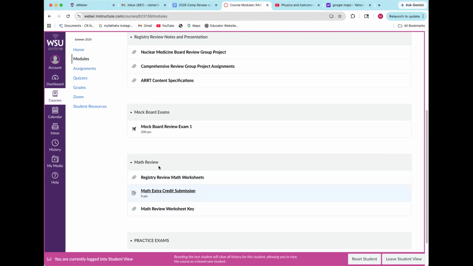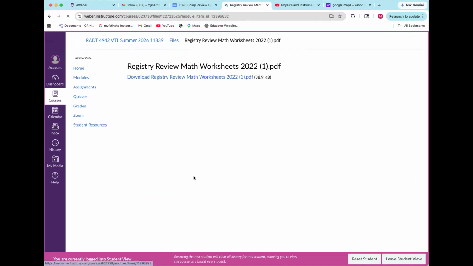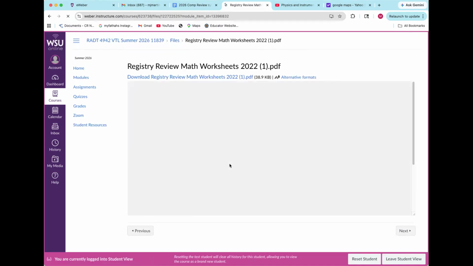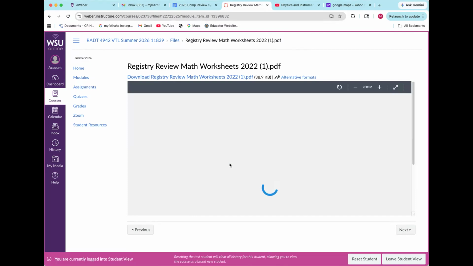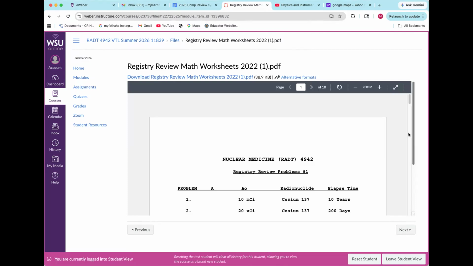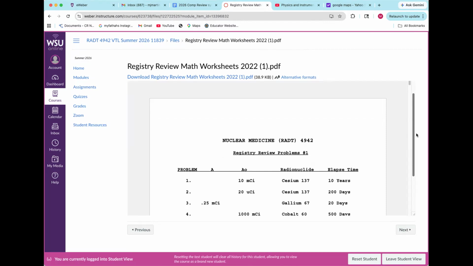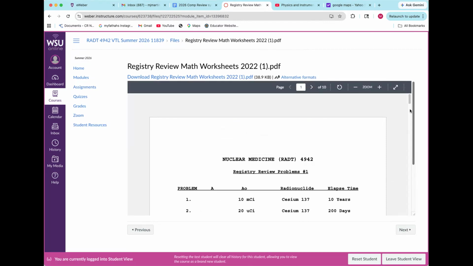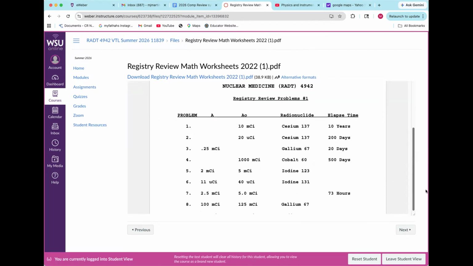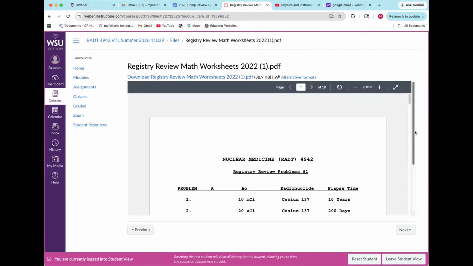This is where I've listed my math worksheet. If you click in here, it will pull up a document that has several pages of worksheets. Oh, here we go.